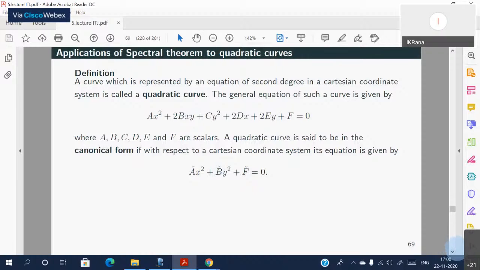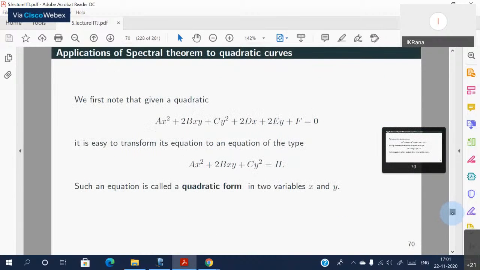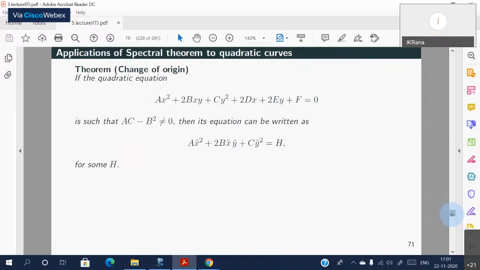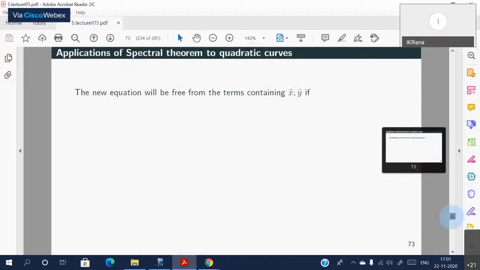To do that, one can apply diagonalizability. Making it in this form, only a shift of origin is required, so that can be done. Once that is done, you write a quadratic form like that, and for this quadratic form you can easily write it down.